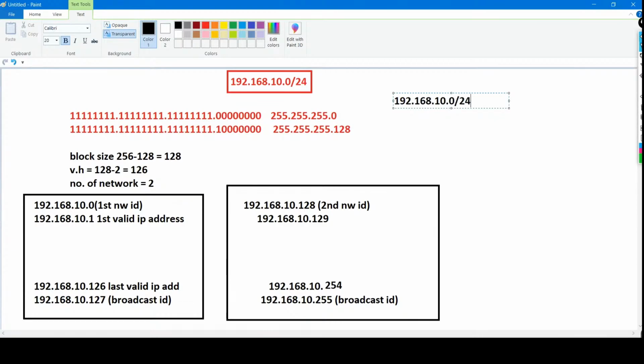They will ask how many subnetworks there are, what the network ID of the first network is, the network ID of the second network, the broadcast ID of the first and second networks, and the first and last valid IP address of the first and second networks. Or they can ask what the fifth valid IP address of the first network is, or the 10th valid IP address of the second network.